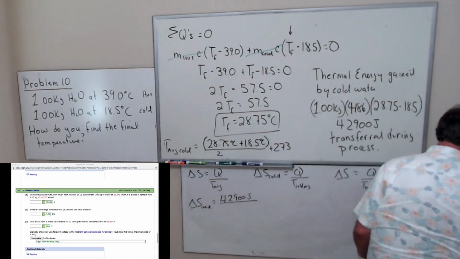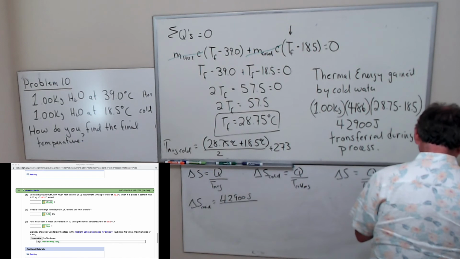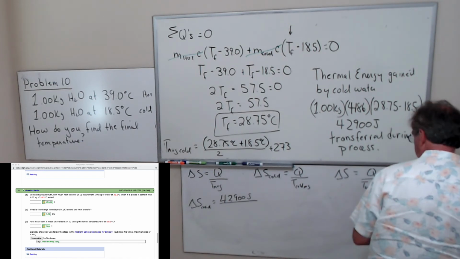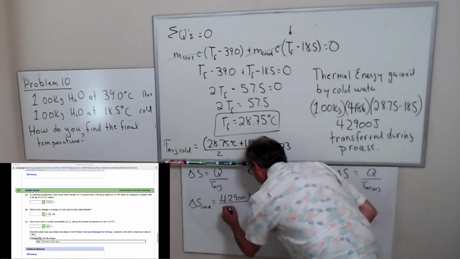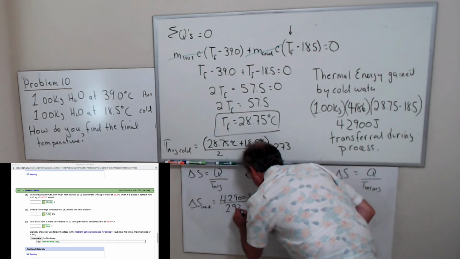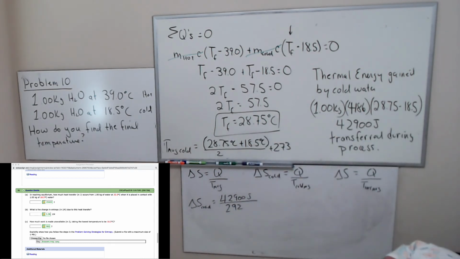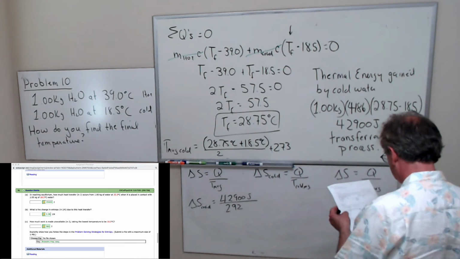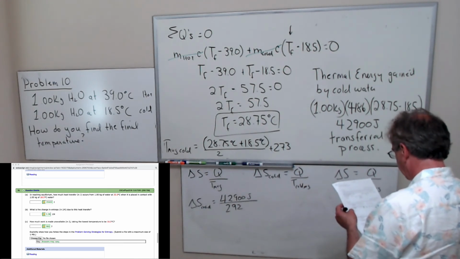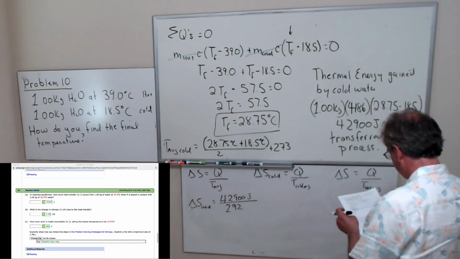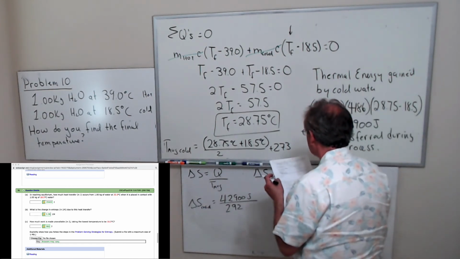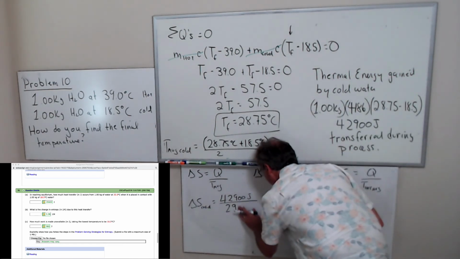And when I do that, I wrote it down, I get 292. Okay. Let me double check. I'm sorry, not 292, 296.63.